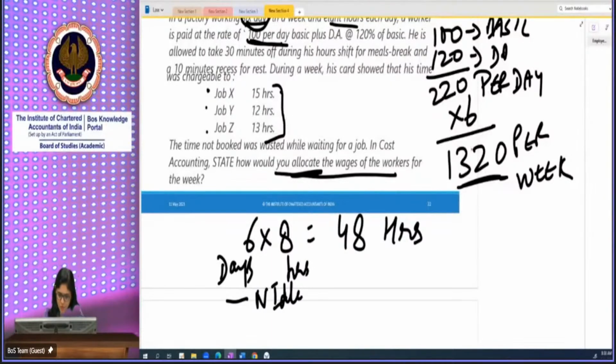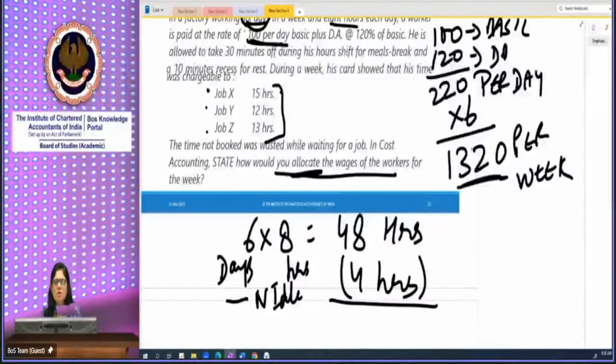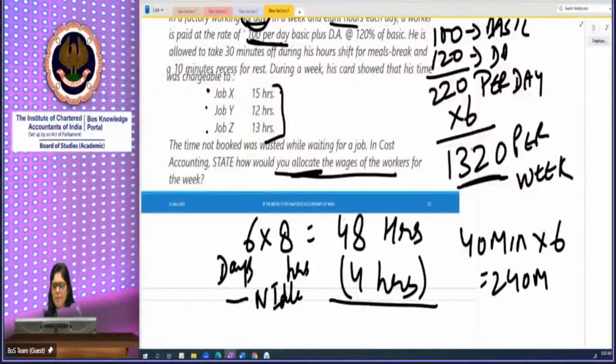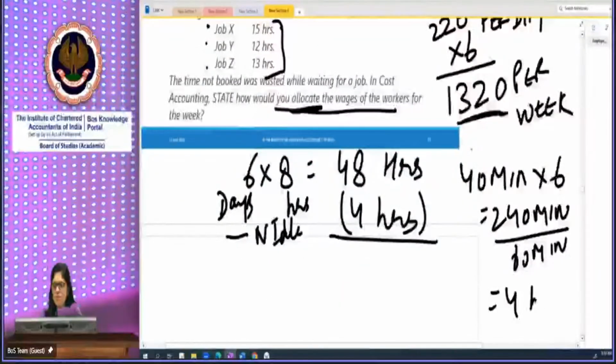So 40 into 6 is 240 minutes, divided by 60, that means 4 hours of normal idle time every week. How did I calculate it? 40 minutes each day, 6 days come to 240 minutes, divided by 60 minutes to get hours. So basically it comes to 4 hours of idle time in 1 week.